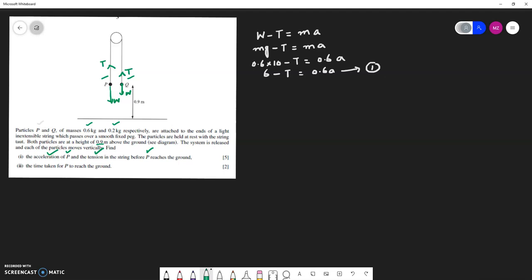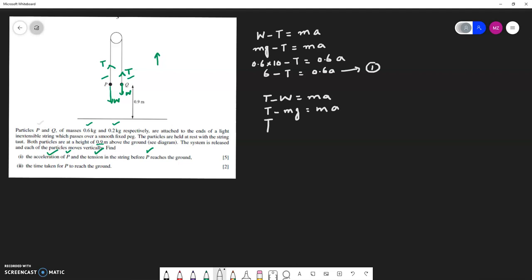Now since the particle Q will move in the upward direction because it is lighter than the particle P, the net force in this case will be T minus W is equal to mA according to Newton's second law of motion. And again T minus W, where W is mg, is equal to mA.